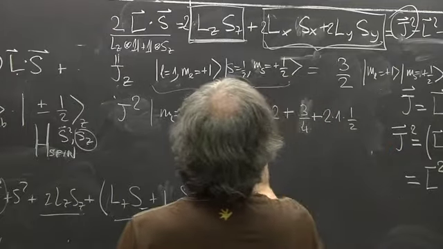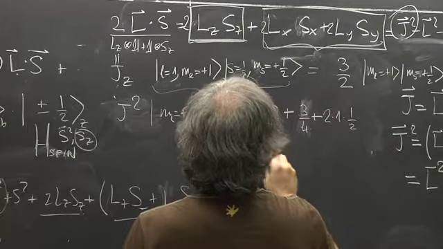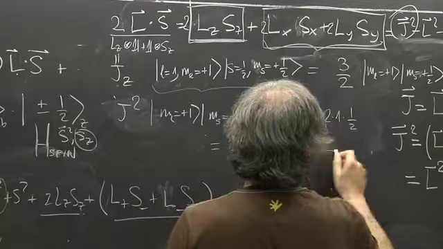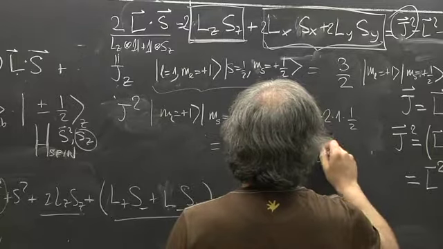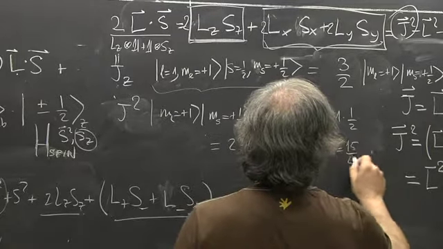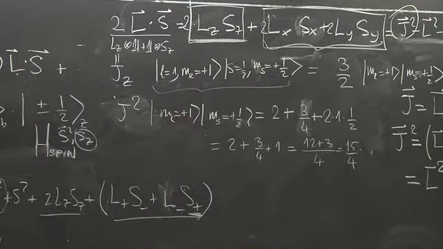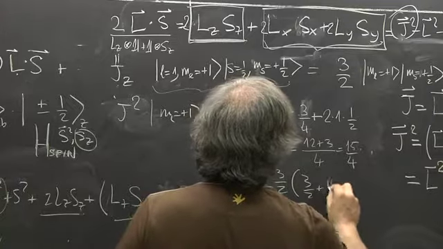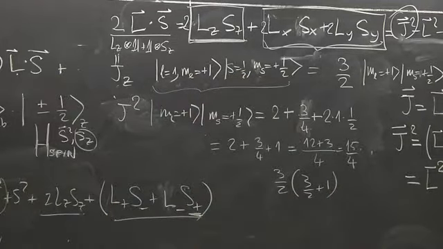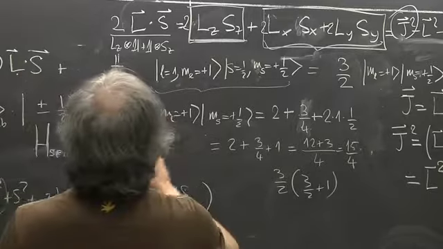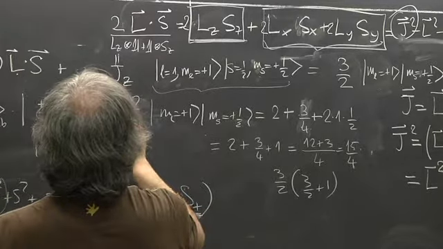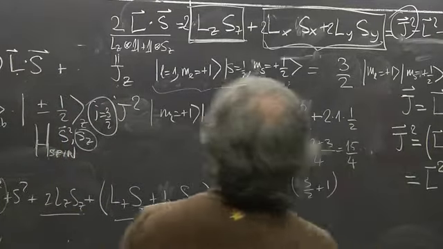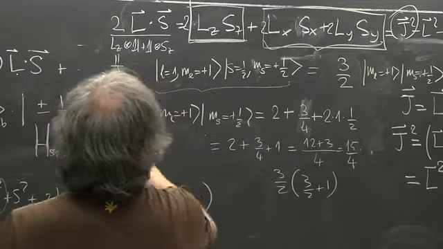So this is 2 plus 3/4 plus 1, 3 plus 3/4, so how much is it? 12 plus 3, 15/4. 15/4 is what? It's just 3/2 times 3/2 plus 1. So it matches. This is indeed a J equal to 3/2 state. Very good. So we got our first eigenstate, indeed rather trivial.